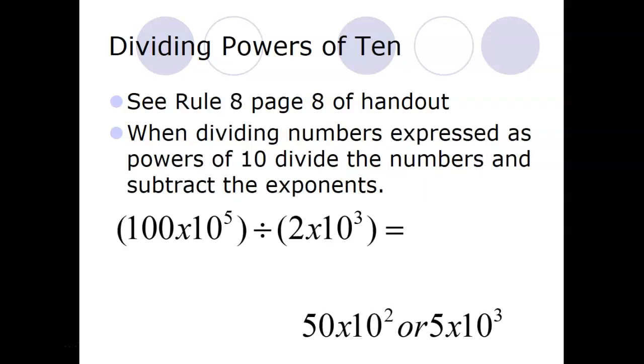So 50 times 10 to the 2 or 5 times 10 to the third. I like to go for smallest number overall. That's just me.